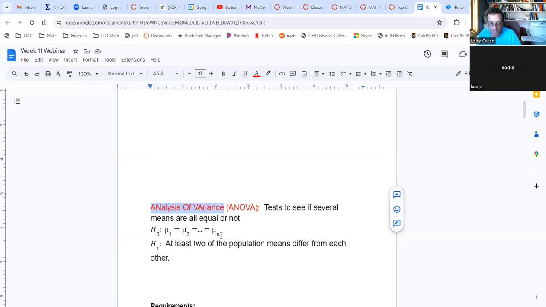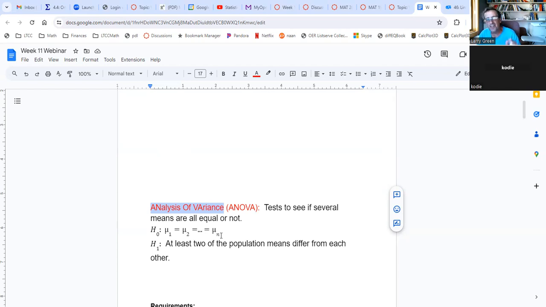Let's say we're talking about the average age of people in all 50 states in the United States. H naught would be that the population mean age for every state is the same.